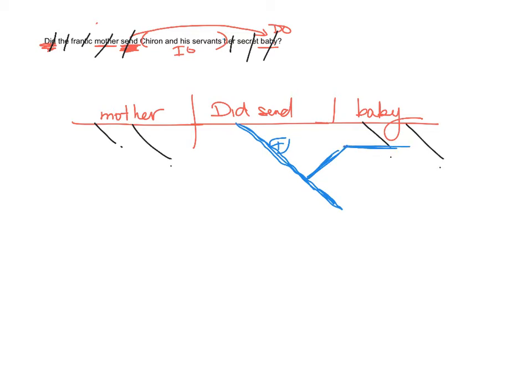Well, the first item is going to be Chiron. Put those farther down. So Chiron would go up here. What's the other item on the split? That would be servants. Would go down here. Then what's left? I have and, and I have his. And would go on my dotted line. His is servants. So that's what that would look like.